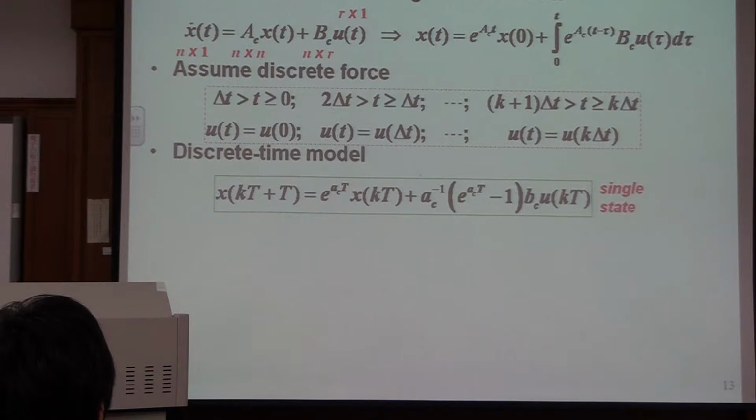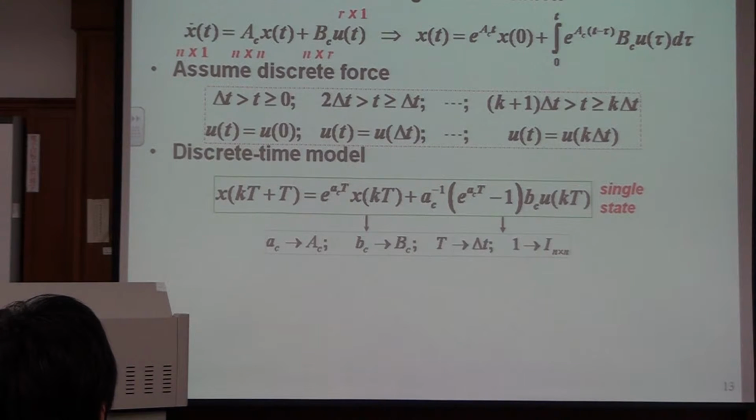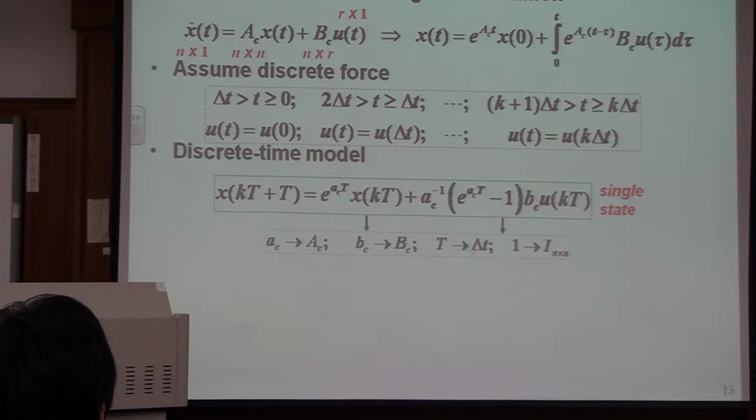This is for a single state. For multiple states, AC is replaced by capital AC, BC by capital BC, and T by delta T. I have a delta T here. I replace 1 by the identity n by n.